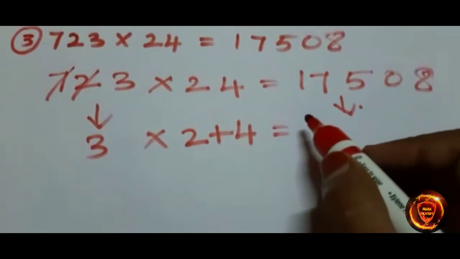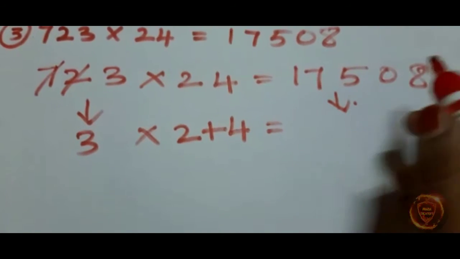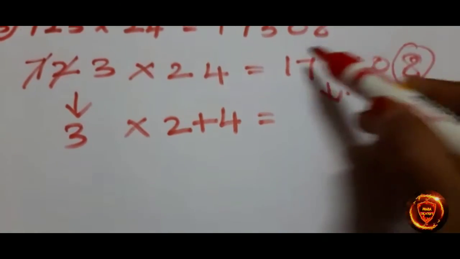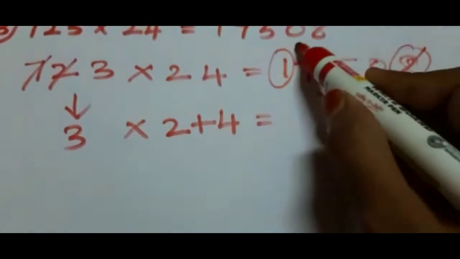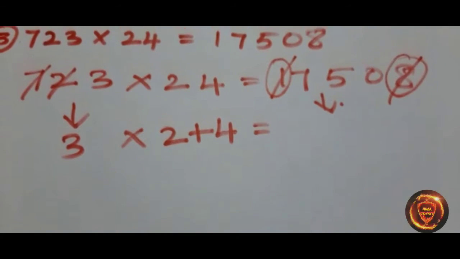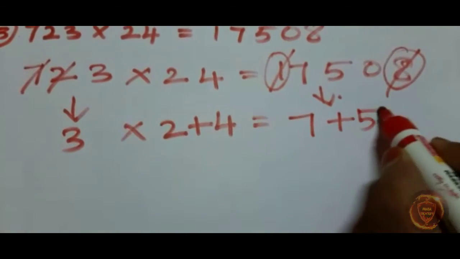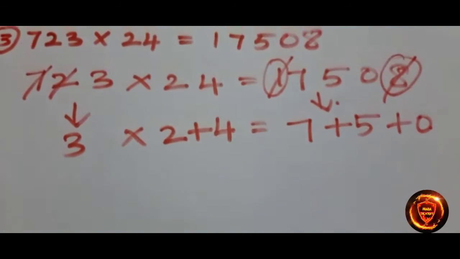2 plus 4 is equal to, write the expanded form in the above value. First check this casting out method. 8 plus 1 is 9. So now cancel these two terms. So what is the remaining value? 7 plus 5 plus 0.